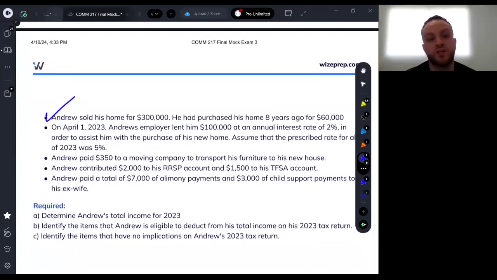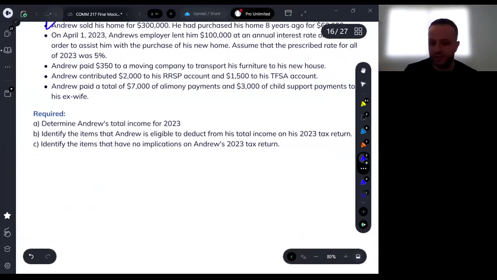On April 1st, Andrew's employer lent him 100,000 at an annual rate of 2% in order to assist him with the purchase of a new home. Assume the prescribed rate for all of 23 was 5%. So here we got a loan less than the market rate. So we're gonna have an interest benefit.